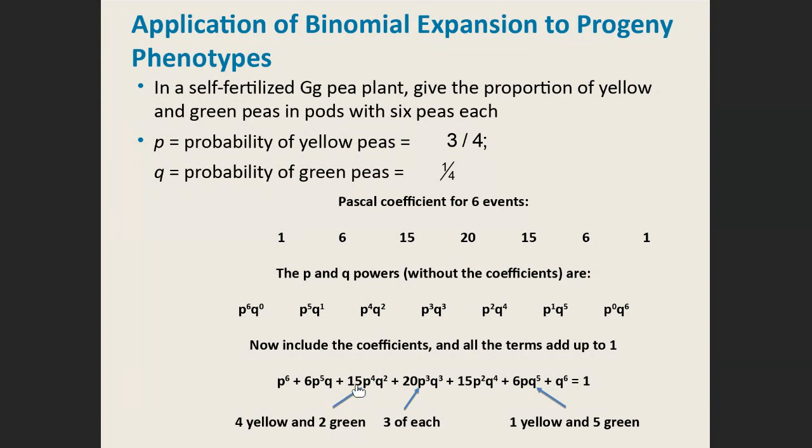Namely, it's 15 times 3/4 to the power 4 and 1/4 squared. Remember, P and Q have different values. This 20 P cubed Q cubed is 3 of each. And here you have 6 P Q to the power 5. That's 1 yellow and 5 green seeds.